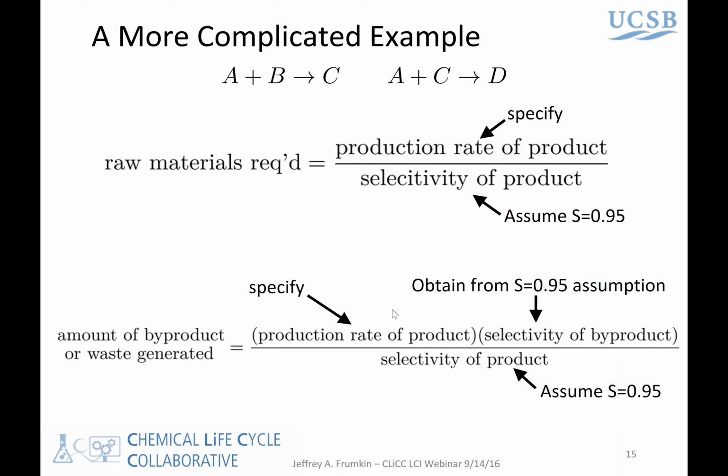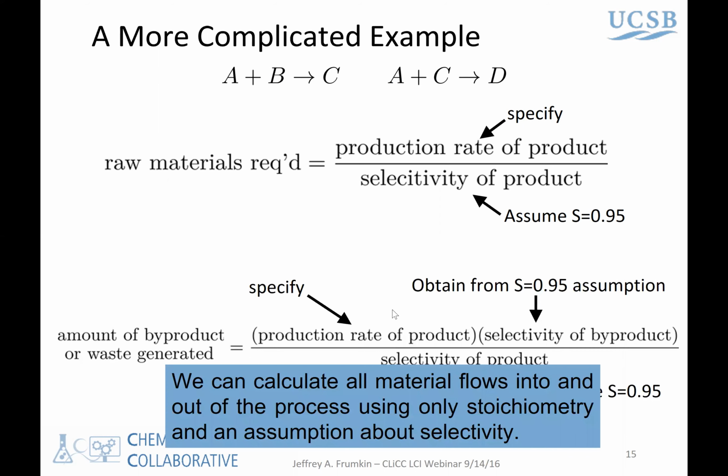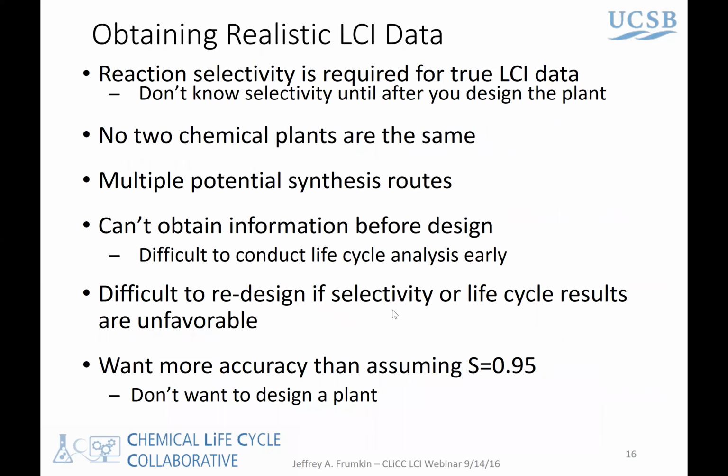We see the amount of byproduct generated is equal to the production rate of the desired product, which once again we specify, multiplied by the selectivity of the byproduct, which we can find from the selectivity of 95% assumption, and then all of that divided by the selectivity of the product, which once again we assume is 95%. So as we see with stoichiometry and a simple assumption about selectivity, we can calculate an estimate of all the material flows into and out of a unit process. So that was the stoichiometric approach, and it does use that assumption.